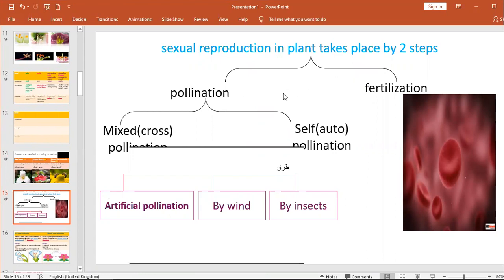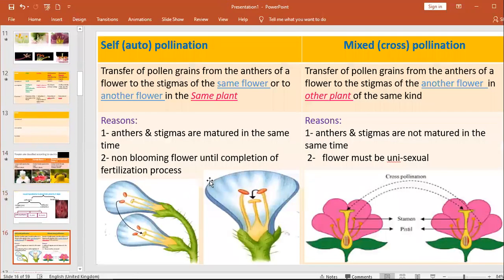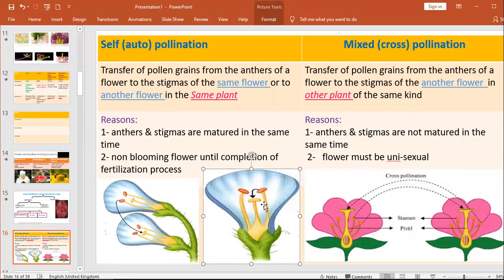What is meant by pollination? It's the transfer of pollen grain from one plant to another. How is it transferred? Like this picture. If I have the same flower, or the same stem carrying both flowers, in the same stem or one plant, this one plant contains female and male, so pollen grain transfers from anther to stigma in the same flower.